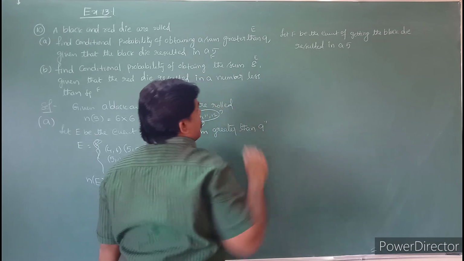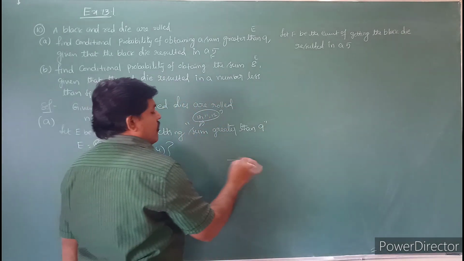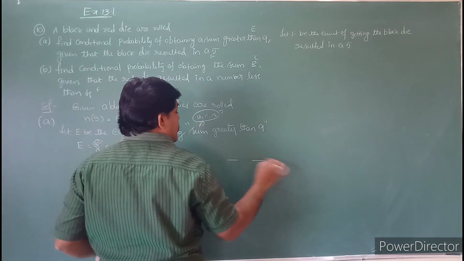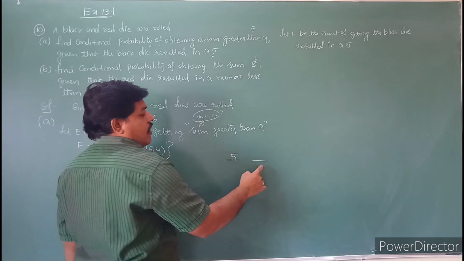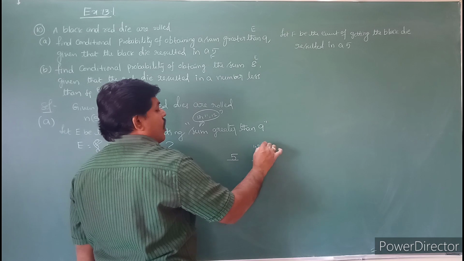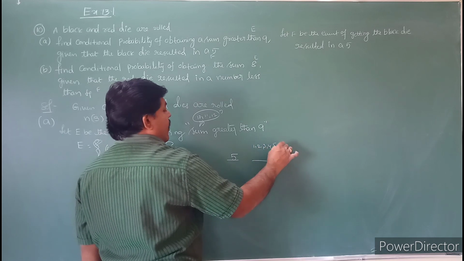The black die is the first one and the second one is red. The black die is fixed. The number is 5. So what is this one? This one you can take as 1, 2, 3, 4, 5, 6.